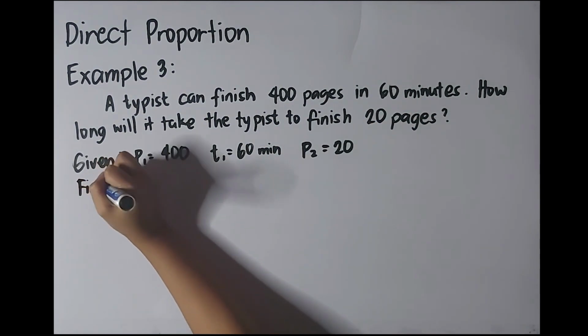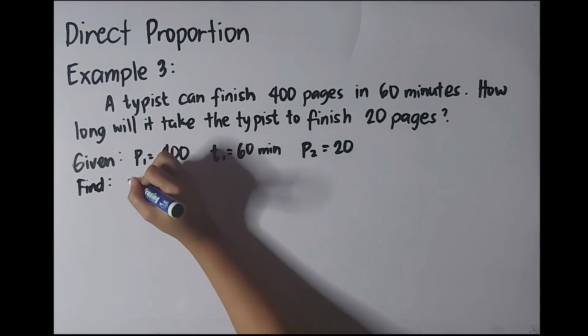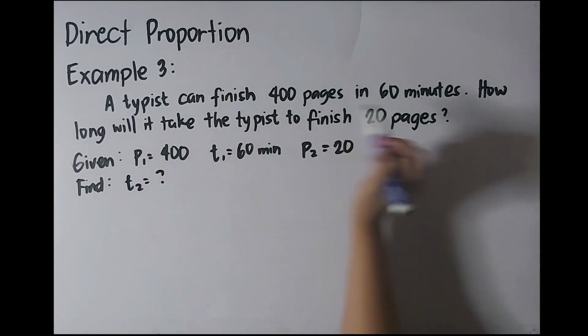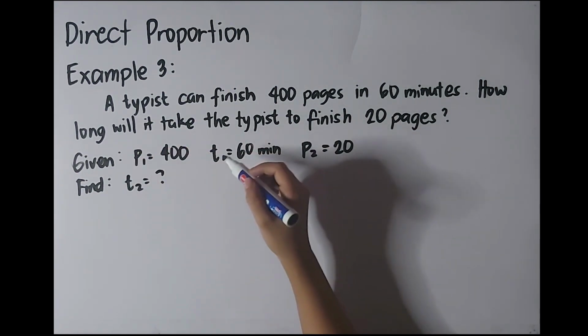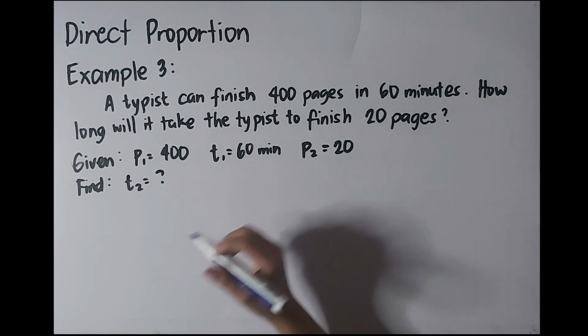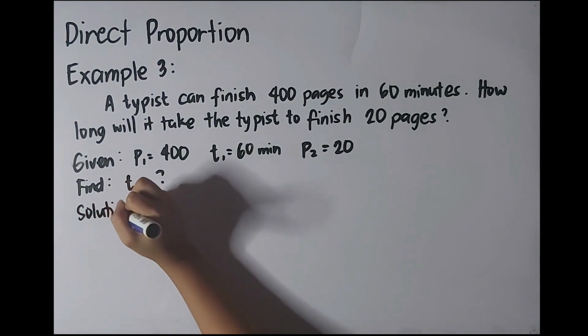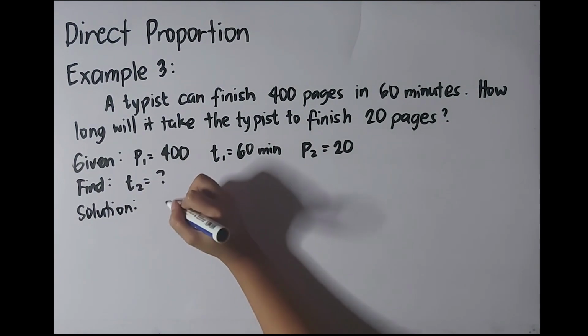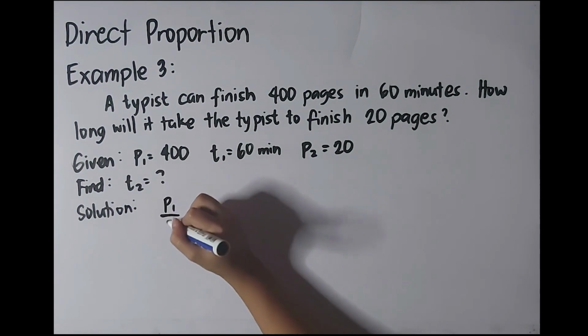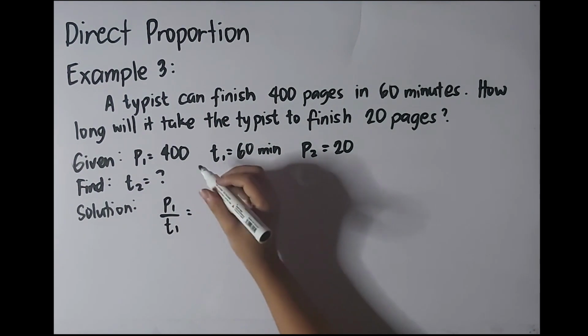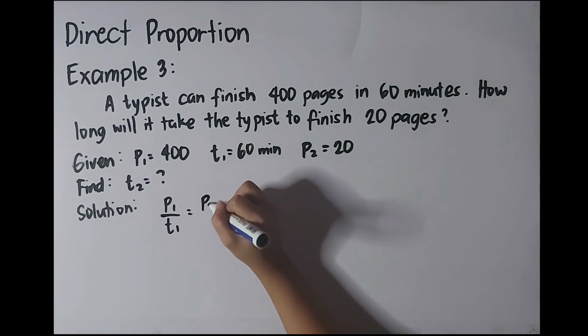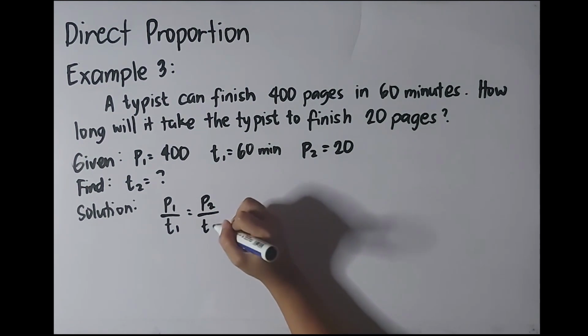Now we need to find T2, because the problem is how long it will take the typist to finish 20 pages. So let's have the solution for this problem. So we have P1 over T1 equals to, second ratio, P2 over T2.